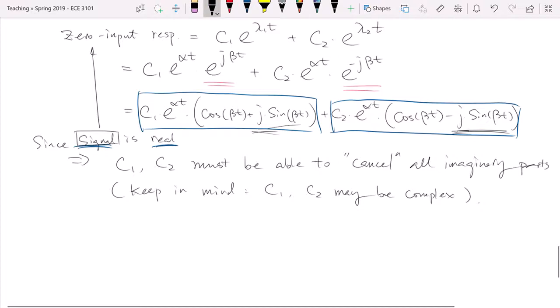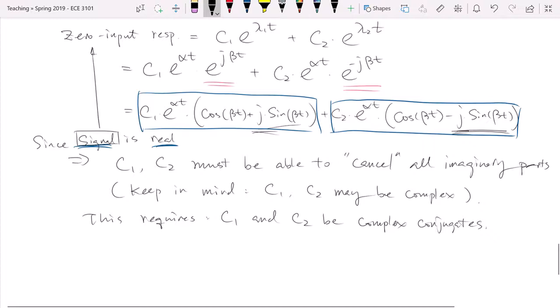It can be shown mathematically that this requires C1 and C2 to be complex conjugates. They must be a pair of complex conjugates.